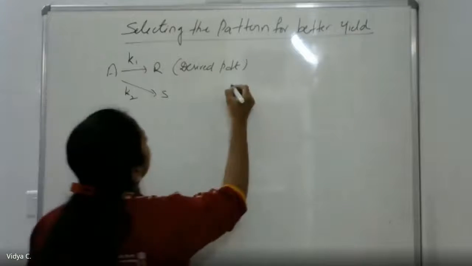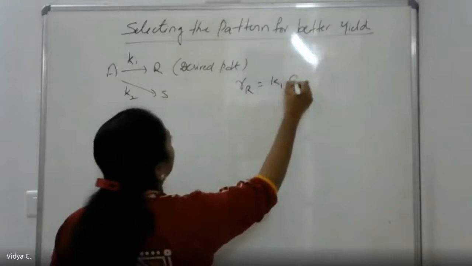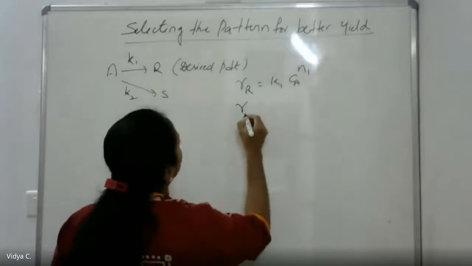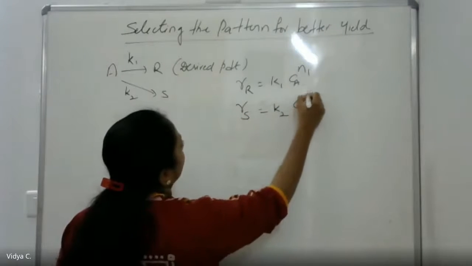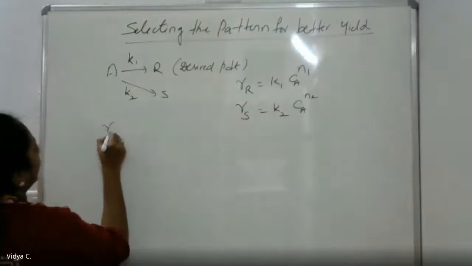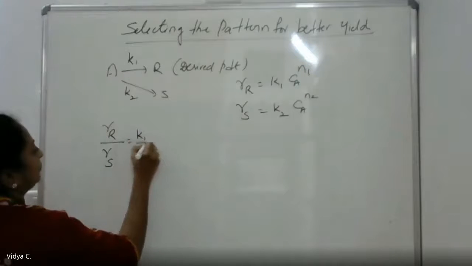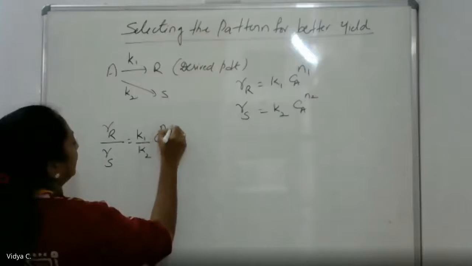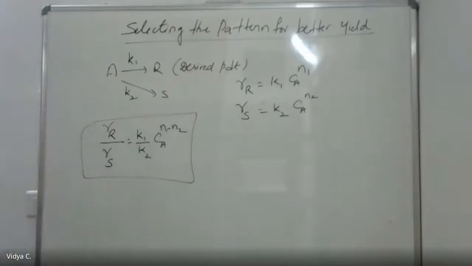Now rate of R can be written as K1 CA to the power N1, and rate of S can be written as K2 CA to the power N2. So I'll write rR by rS, which is equal to K1 by K2 CA to the power N1 minus N2. So I have got this.